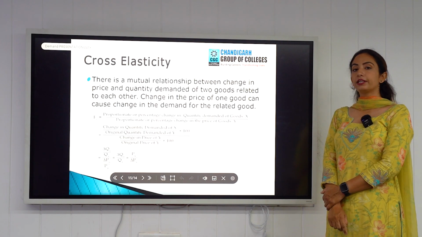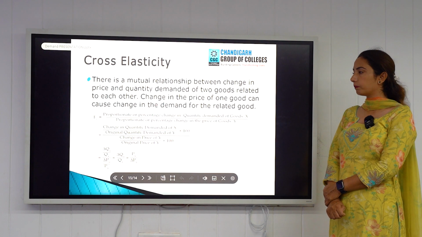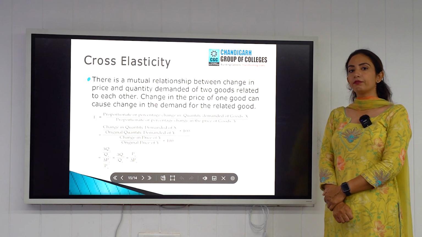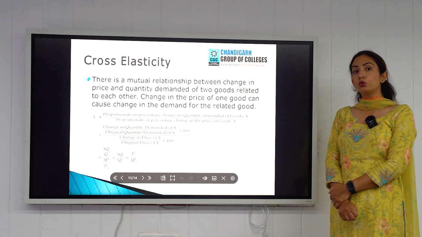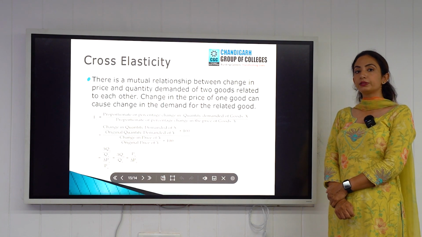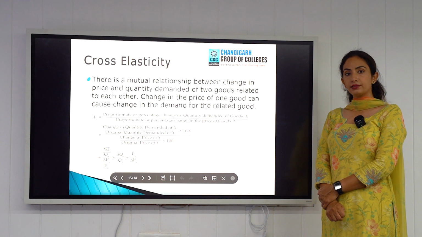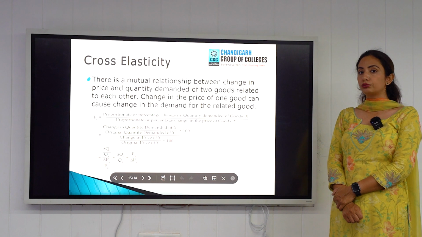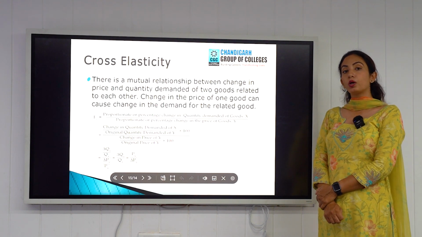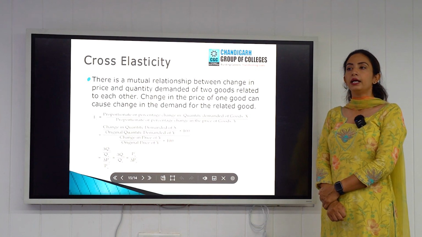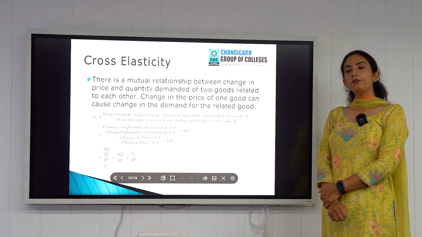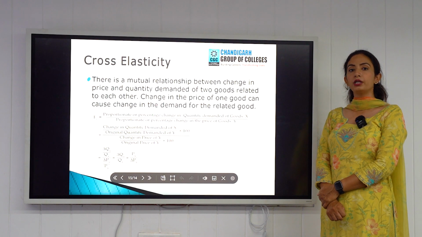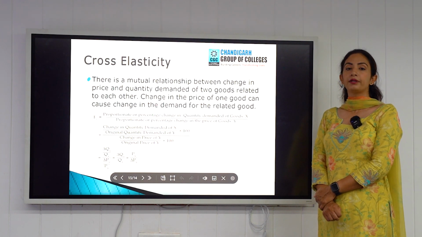Then cross elasticity of demand is a bit complex as compared to the previous ones. Cross elasticity will be dealing with the relationship of two goods at a time, goods X and Y, and both goods X and Y are related goods to each other. Related in what context? It will be a commodity in relation to the second commodity, either by substitution or by being complementary to each other.